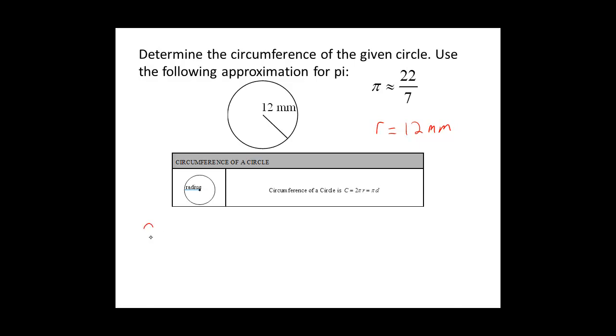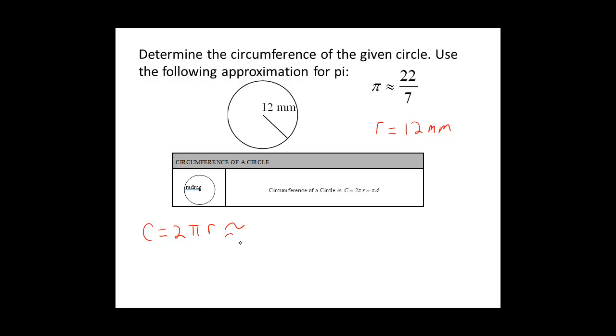The circumference equals 2 times pi times r. We will replace pi with the approximation 22 over 7, and we will replace r with the radius.